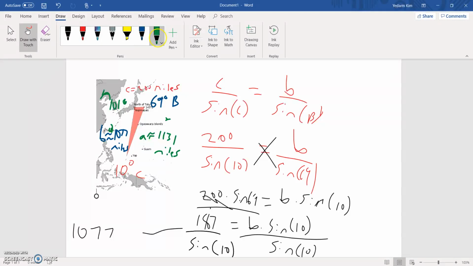So that's how you find the missing sides for this scenario by using law of cosine. No, law of sine. Thank you.